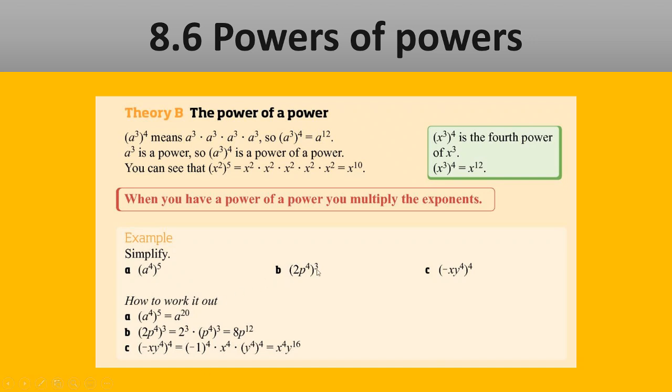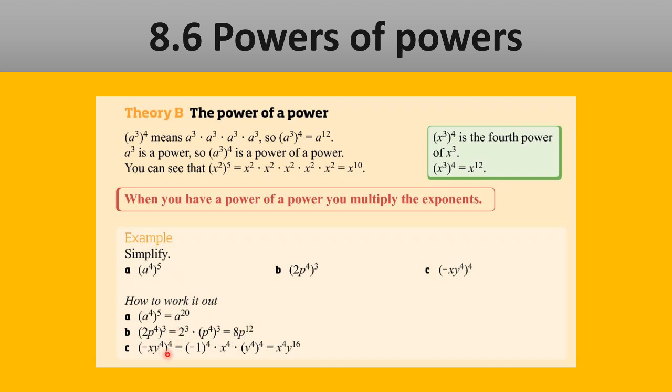You do 2 to the 3rd power, right? That's the rule of theory A. You do everything inside of the brackets. Everything inside the brackets to the power, so you get 2 to the 3rd power times p to the 4th to the 3rd. This is not 6, this is 8. And this is going to be 4 times 3, because the power of a power is 12.